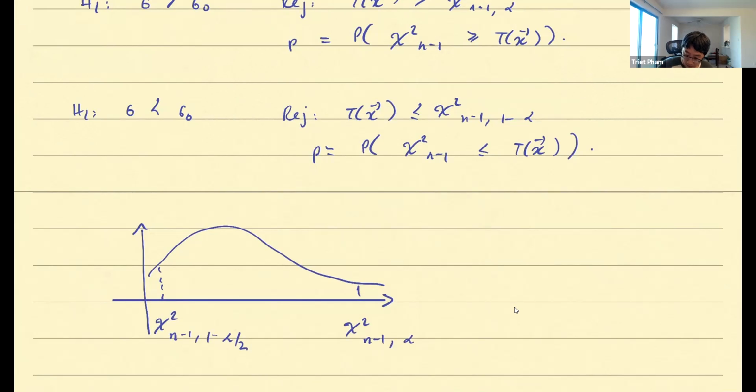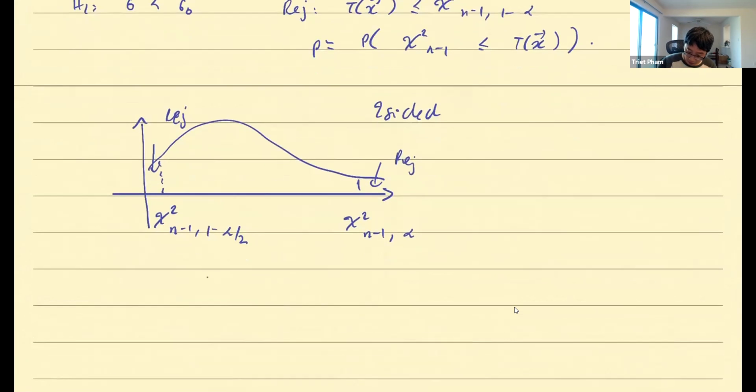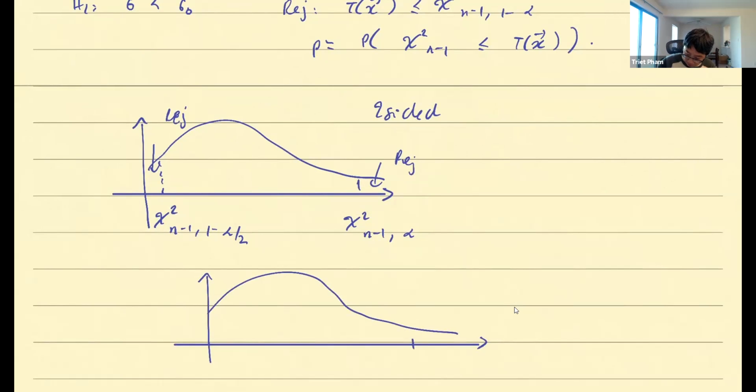So in the two-sided test, you would reject if your test stat is here or your test stat is here. On the other hand, if your test stat is here, what's your p-value?